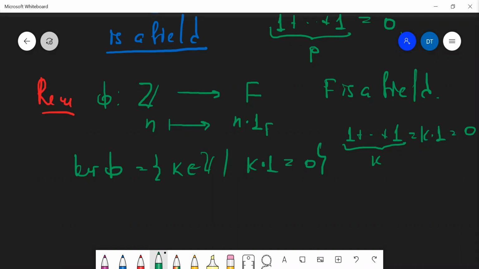Let me be more specific: this is the 1 of F, the identity element of the field F. So when we write k times 1 in the field F, are we using multiplication in the field F? Okay, here I'm abusing the notation. By definition, if k is positive, this is just this expression.